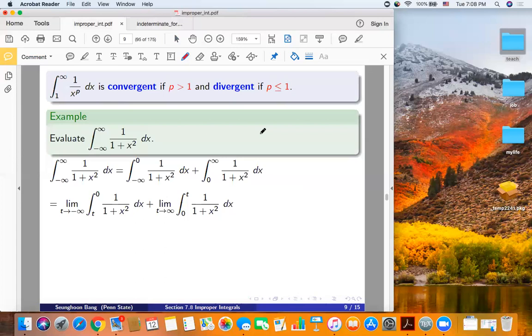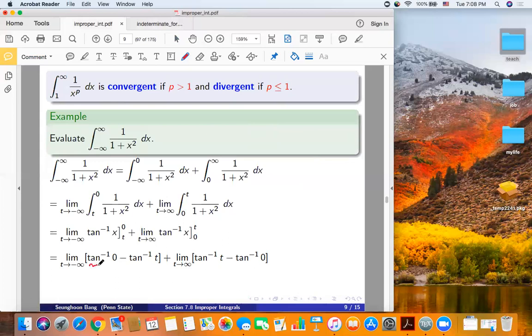Second one, integral from 0 to t, 1 over 1 plus x squared dx, take the limit as the t value approaches positive infinity. The next step is to find the antiderivative. The integral of 1 over 1 plus x squared is inverse tangent, plug in 0 and t. So we have this one.